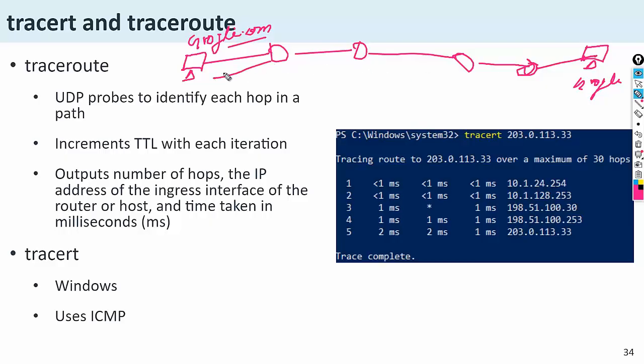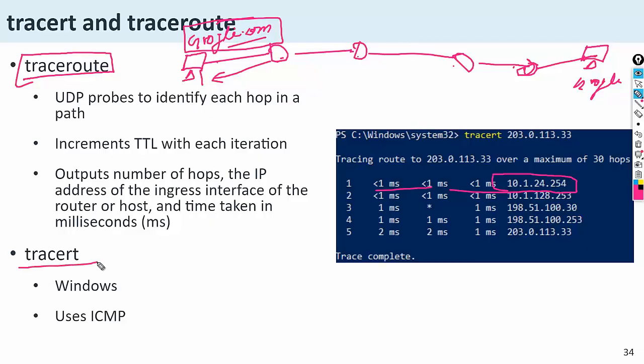Every router will reply to your computer like this. So it is called traceroute, meaning tracing the route. Tracing the route means if I want to communicate with Google, which route will be used and how many hops exist in between. It is called traceroute.